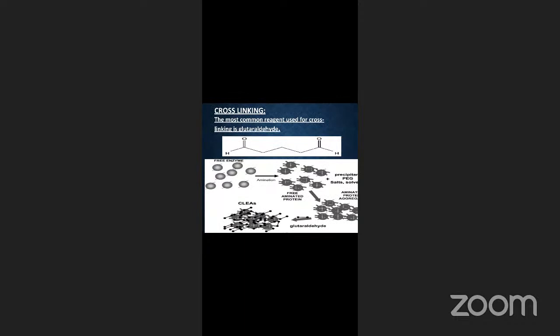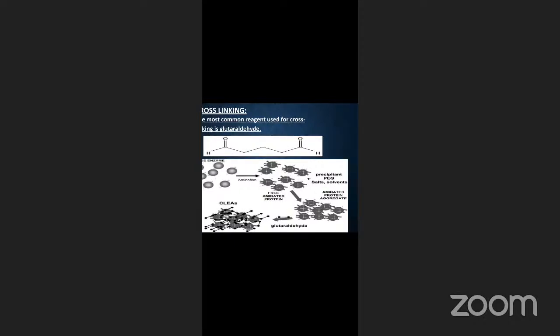So here the free enzyme, upon amination, will form free aminated protein to which polyethylene glycol, precipitate and salt and solvents will be added, and we'll get aminated protein aggregates. These are added to glutaraldehyde and finally we will get the cross-linked enzymes as a bunch like this.